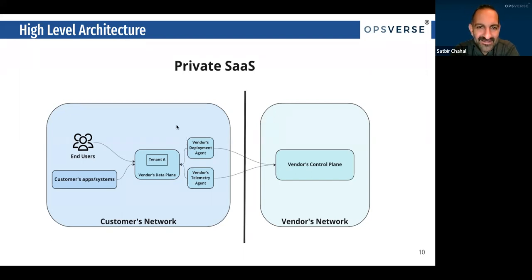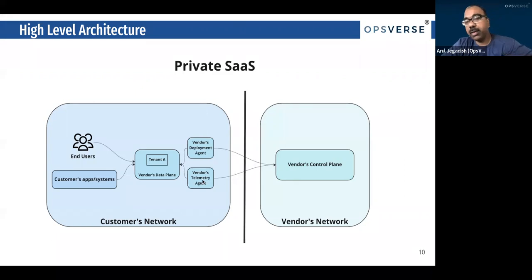Does it send any data, or what kind of data will this agent send to your infrastructure? Yeah, that's another good question. This is a question we get from all our customers as they go through this journey. If you look at it, there are two agents here really, and those are the two agents that communicate back with the control plane.